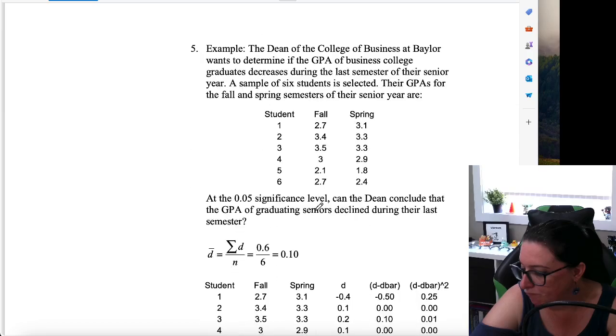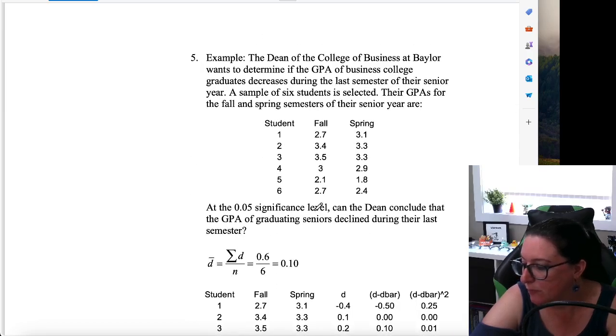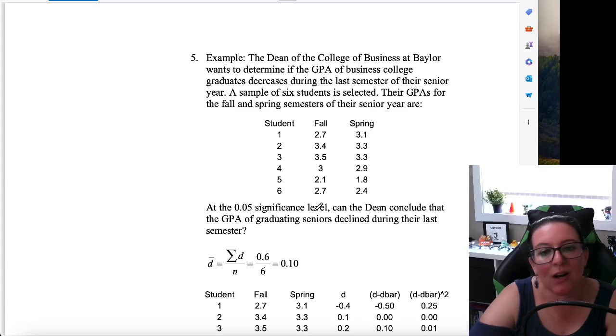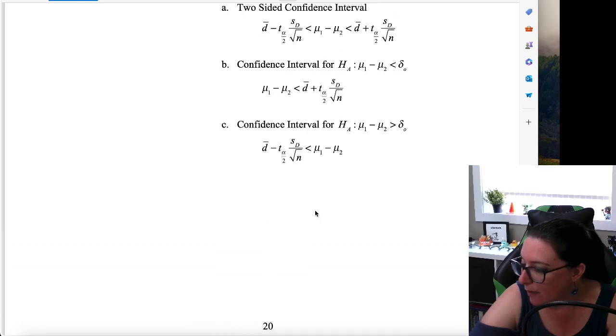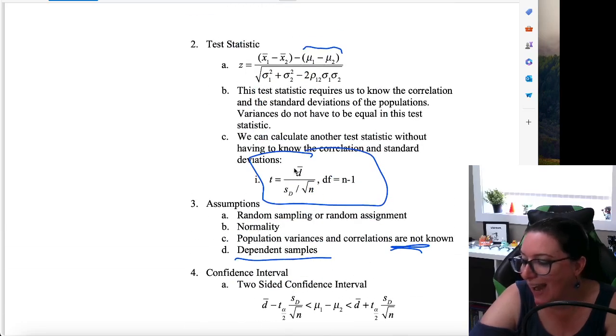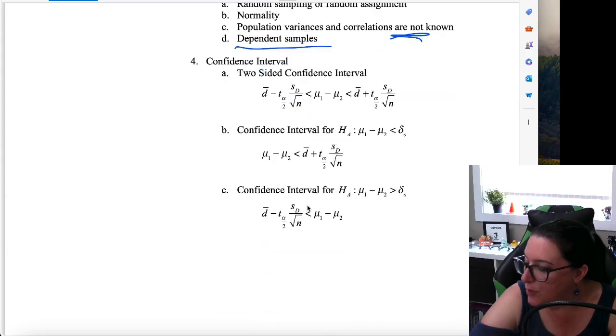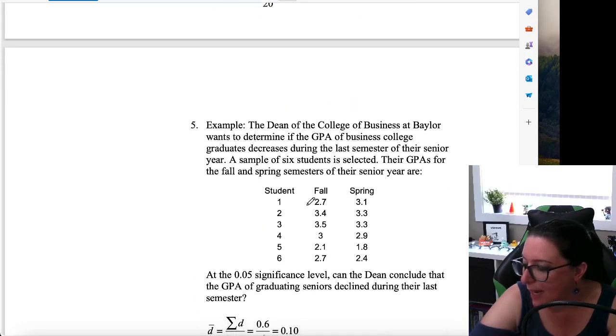All right, let's take a look. So that d bar that was in the formula for the test statistic is the average distance between. So what we're going to do is we would take our groups.